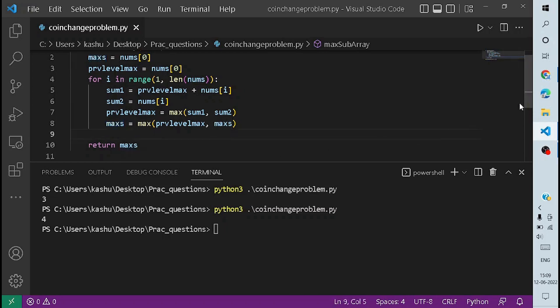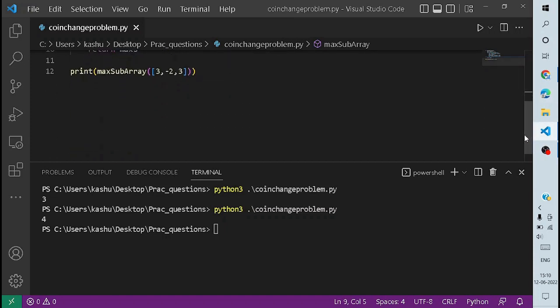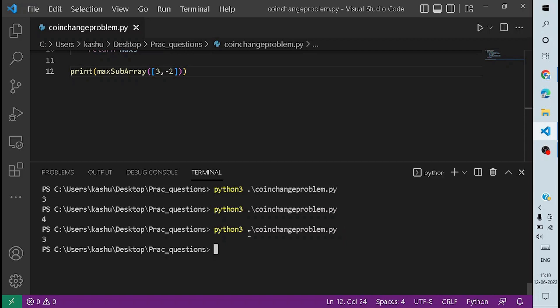So let's try and experiment a little bit with this algorithm. So let's say I have 3 comma minus 2. In this case, I should just get 3, right? Yeah. Now let's say I have 3 minus 2 and 1. If I include all these three, I'll get a sum of 2. But if I just have the first element, the sum would be 3.